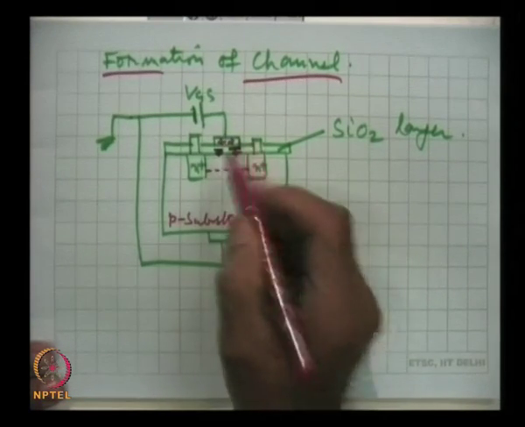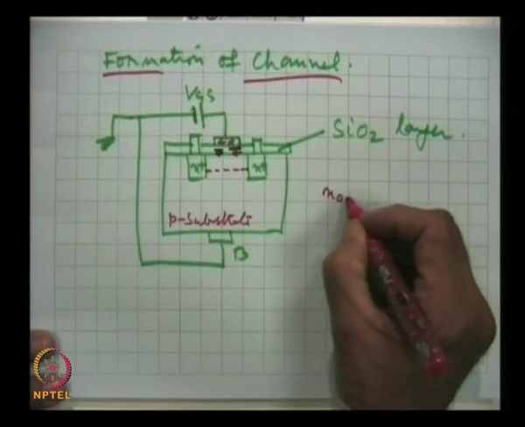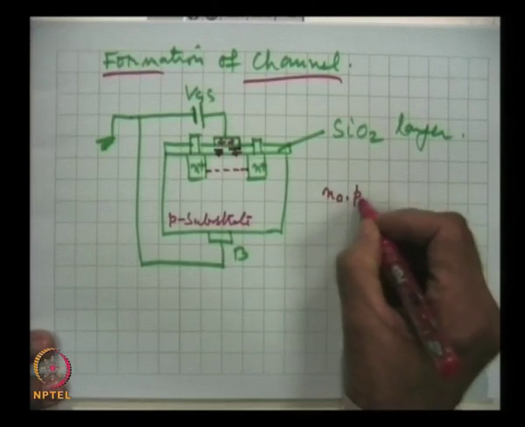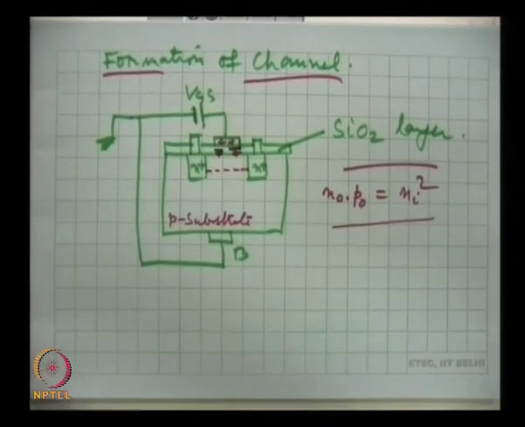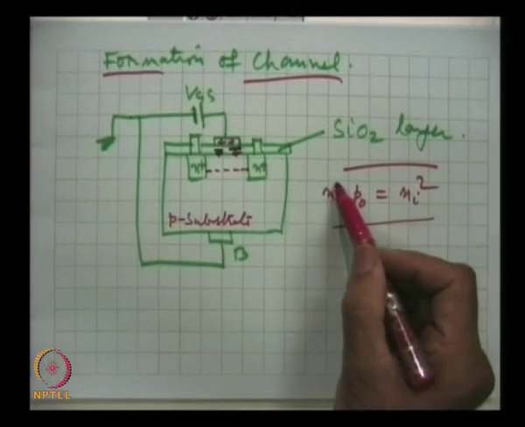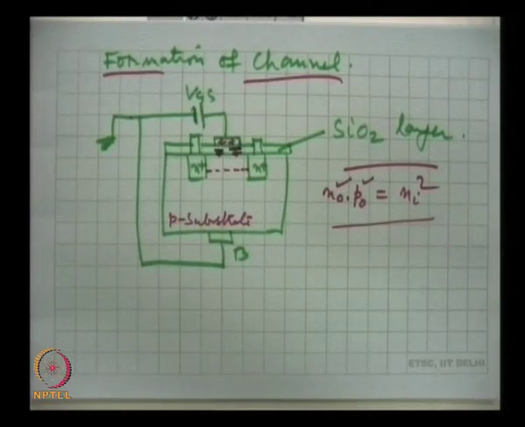Because of this reduction, we know the fundamental relation, n0 into p0 is equal to ni square, which is true for a semiconductor, that the electron density multiplied by hole density is equal to the square of the intrinsic carrier density.